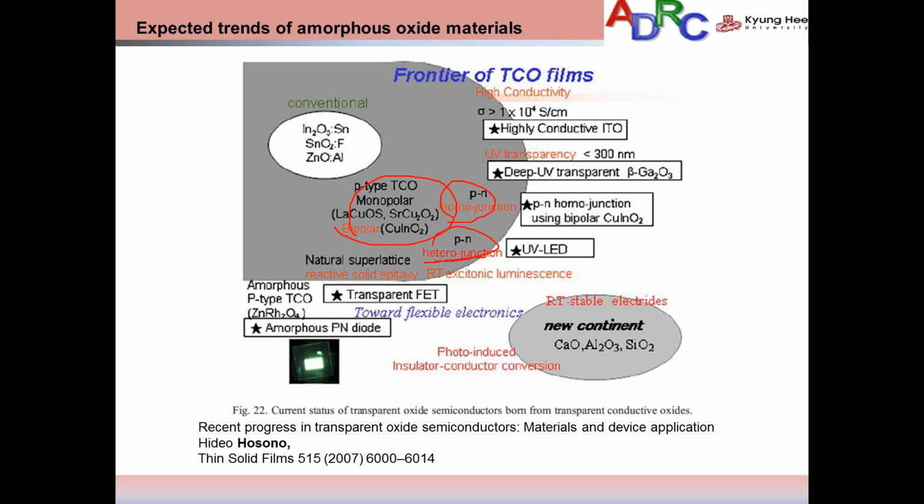And this material would be used for diodes or for LEDs, or the main idea would be to reach stable electronics, stable amorphous oxide devices which are transparent, and also that can be used for flexible electronics.